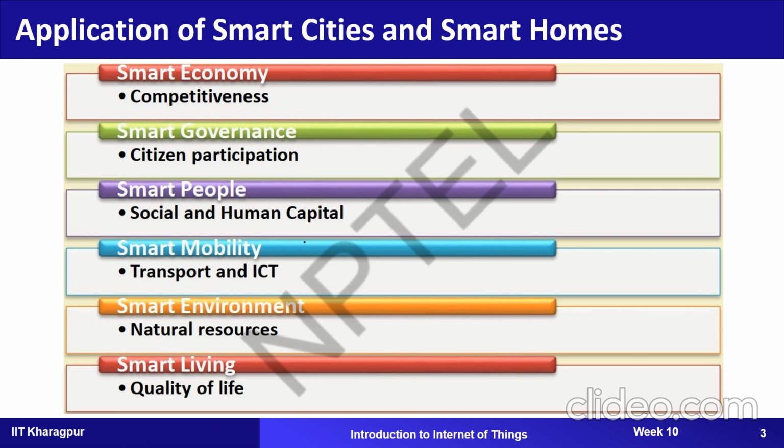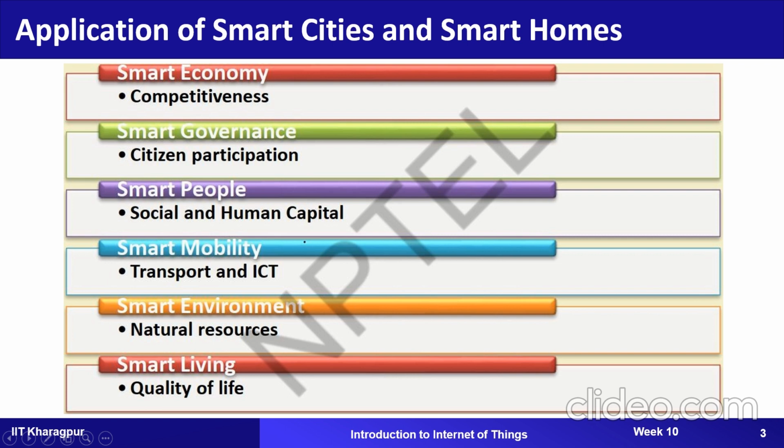The next is smart people. These are the people who use various kinds of things in order to sense the environment or to do different things. Then smart mobility consists of transport and ICT.